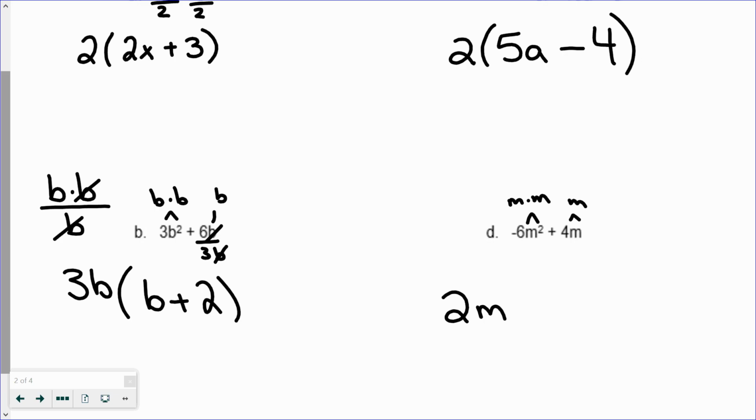Okay, then I do my division. Negative 6 divided by 2 is negative 3. 2 m's on top, I'm left with just m. Positive 4 divided by 2 is 2. M over m cancels out.